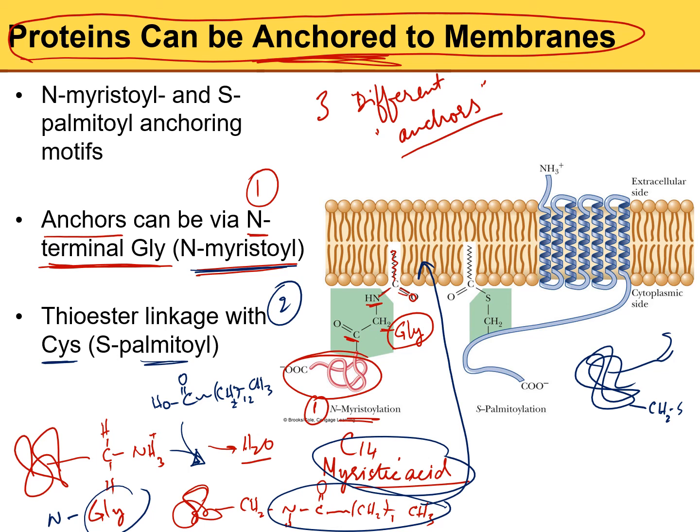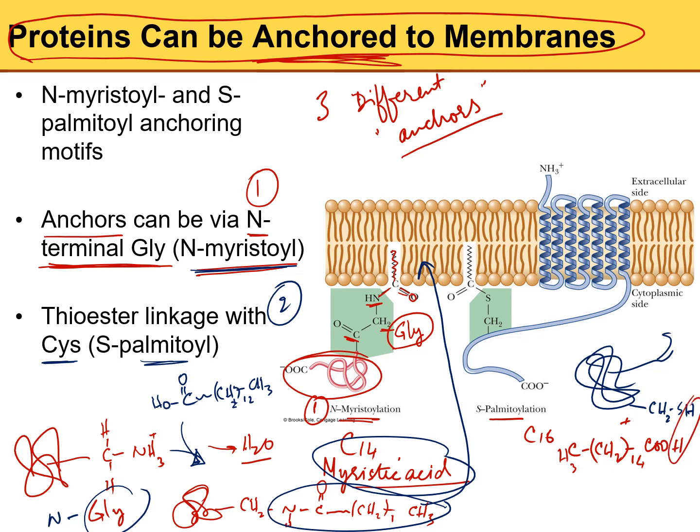Palmitate is a C16 acid: CH3, CH2 fourteen times, and then COOH here.